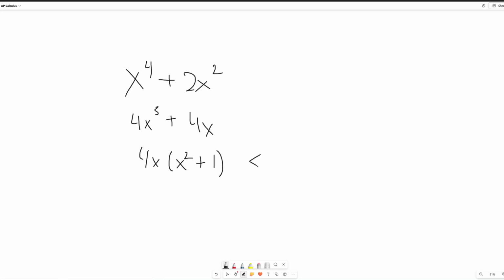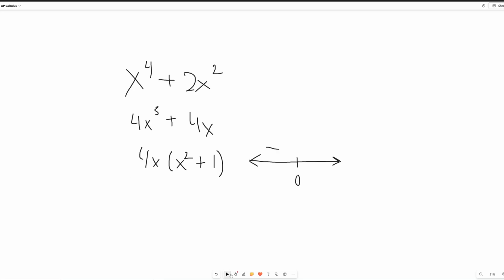So let's try. When x is less than 0, we're going to have whatever number. Let's try negative 1. You have negative 4, and then negative 1 squared is 1, plus 1 is 2. That's going to be negative.